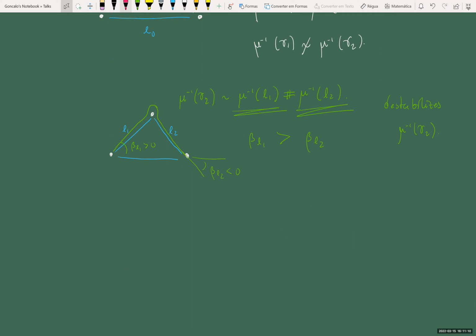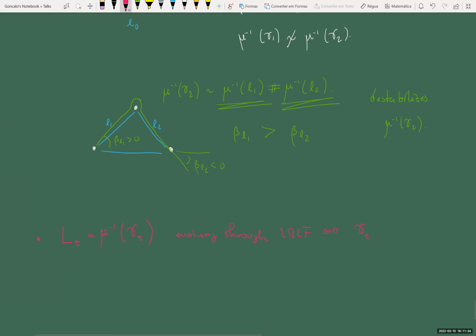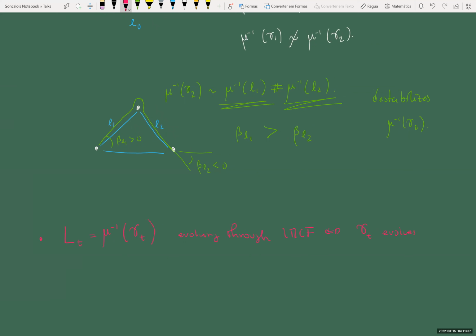Now, the second result requires some analysis. Let's take a one parameter family of circle invariant Lagrangians evolving through Lagrangian mean curvature flow. Then this is equivalent to gamma t evolving through a modified curve shortening flow.